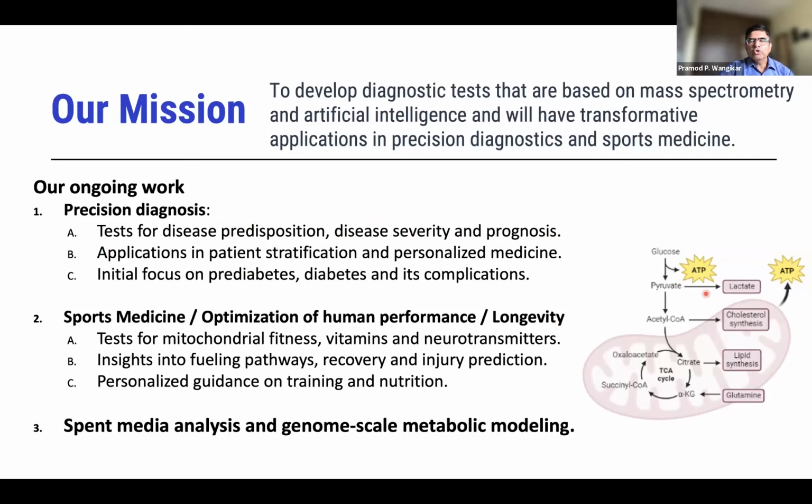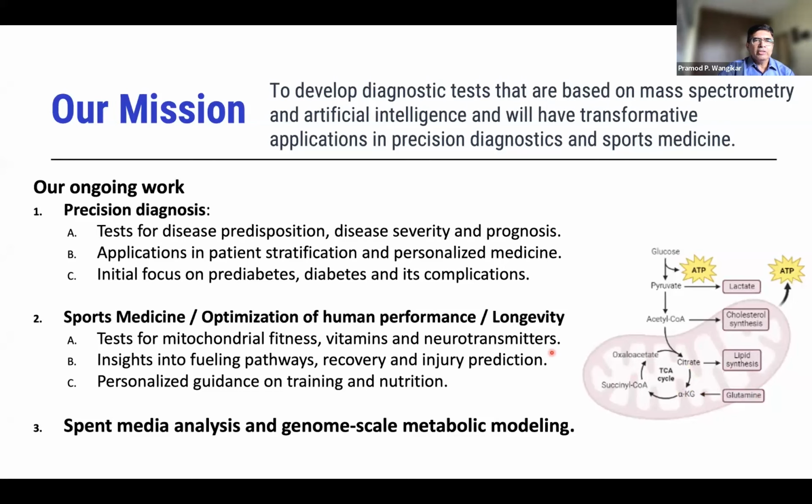The cartoon shown on the right-hand side is of mitochondria, the small organelles present in our cells, and they are the sites for fat oxidation and other energy metabolism. Fat oxidation goes through beta oxidation, which creates intermediates, and those intermediates, especially the acylcarnitines, are visible and can be seen in our blood samples.